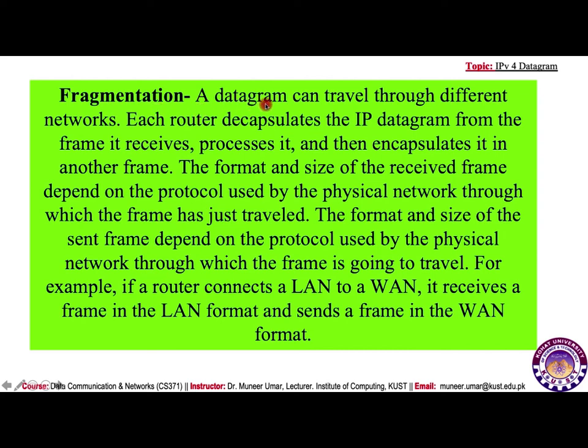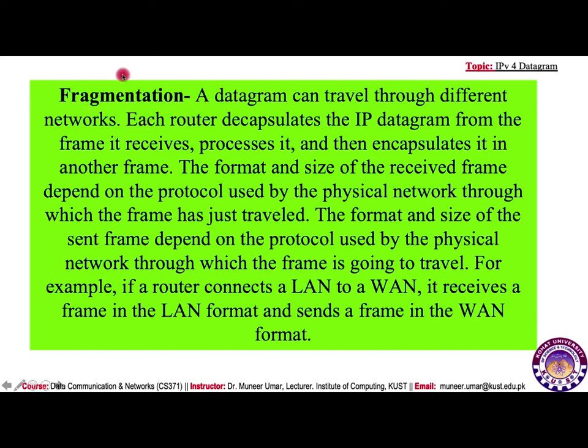A datagram can travel through different networks. This is obvious: if we have multiple networks, then these networks may exchange data with one another, or the devices or hosts in these networks may communicate with one another.